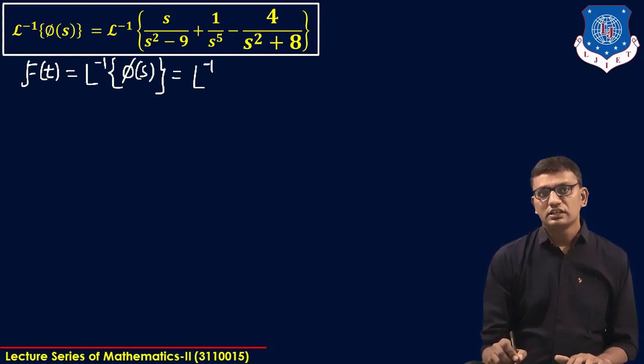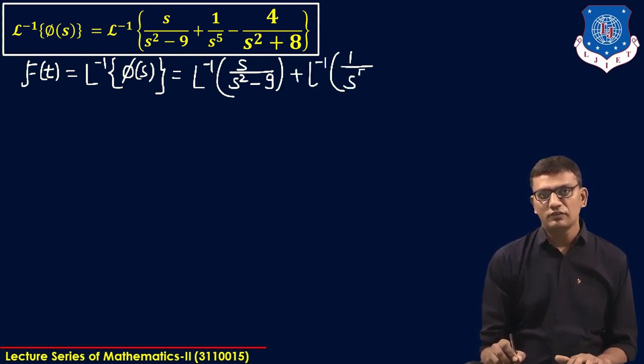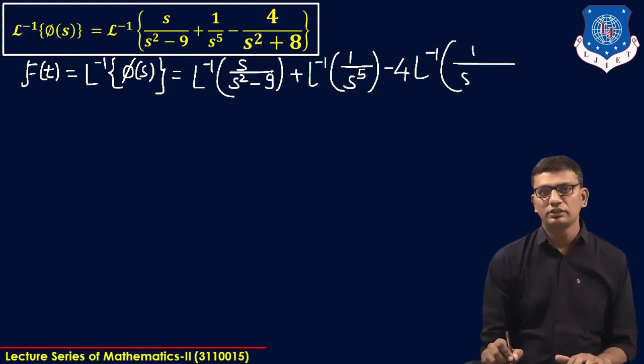L inverse of s upon s square minus 9 is the Laplace of some function. We separate the inverse Laplace, then we get L inverse of 1 upon s raised to 5 in the second term, and finally minus 4 common, then we get L inverse of 1 upon s square plus 8. Here 8 can be written as 2 root 2 square.